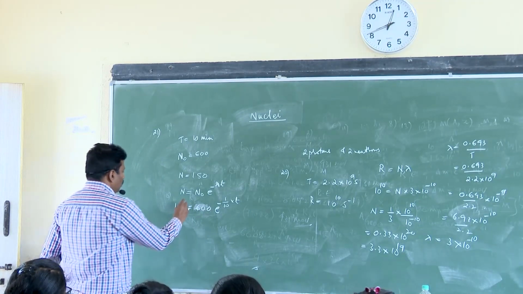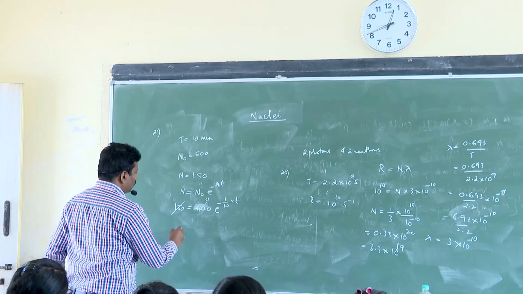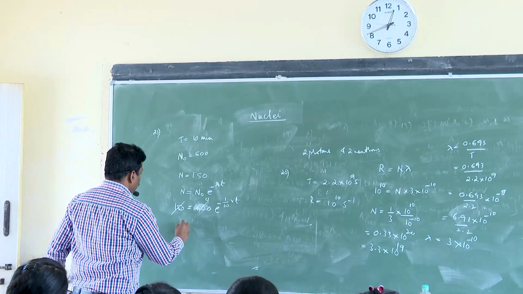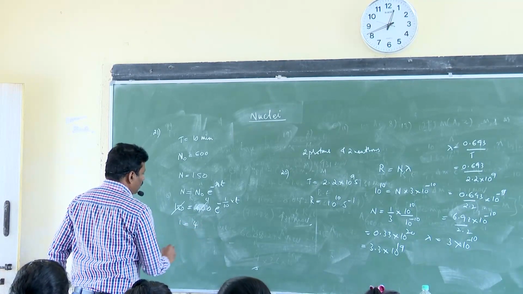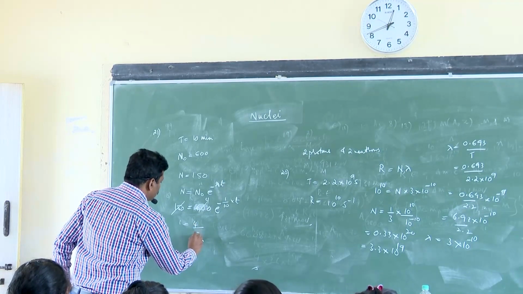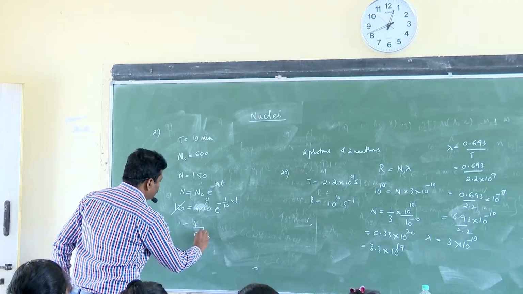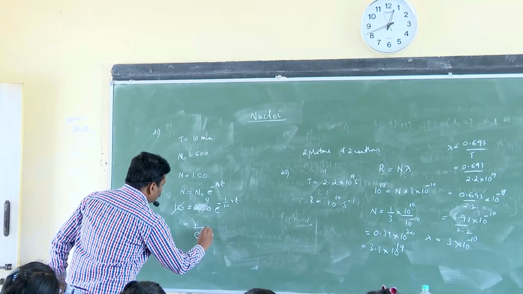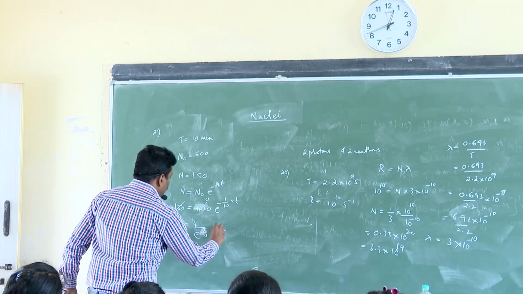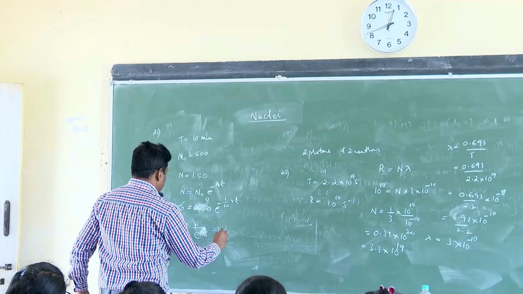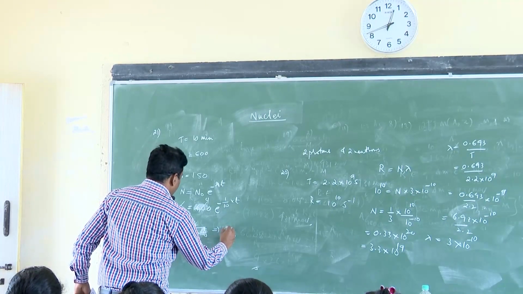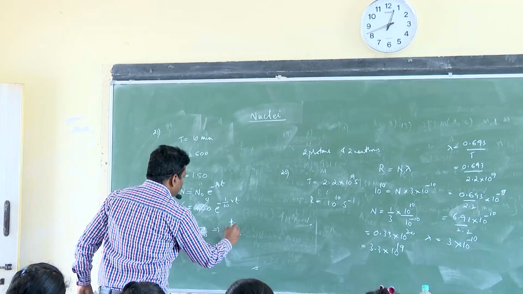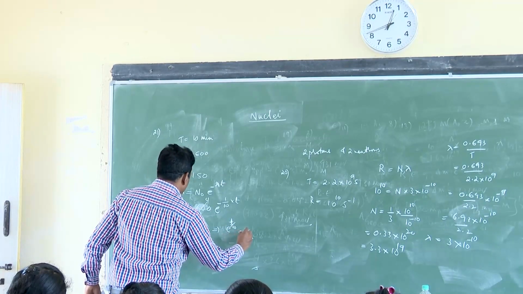Okay, so this is 4. Correct? So therefore, 1 is equal to 4 here. We can take this to the denominator. So t by 10, correct? So therefore, e to the power of t by 10 is equal to 4.